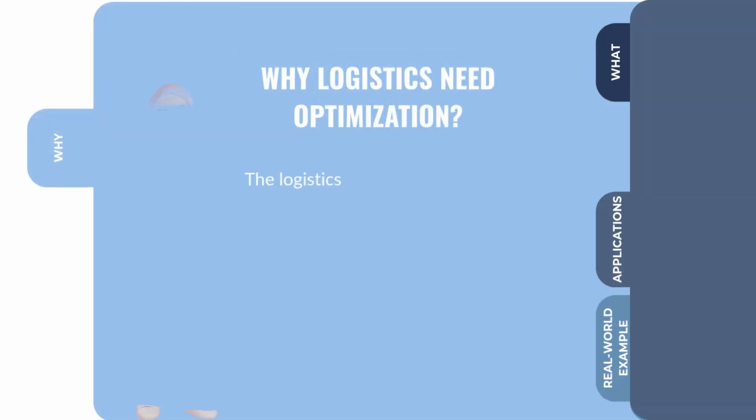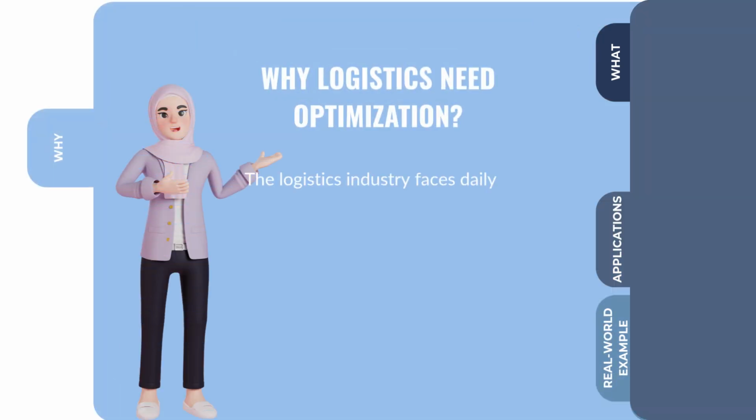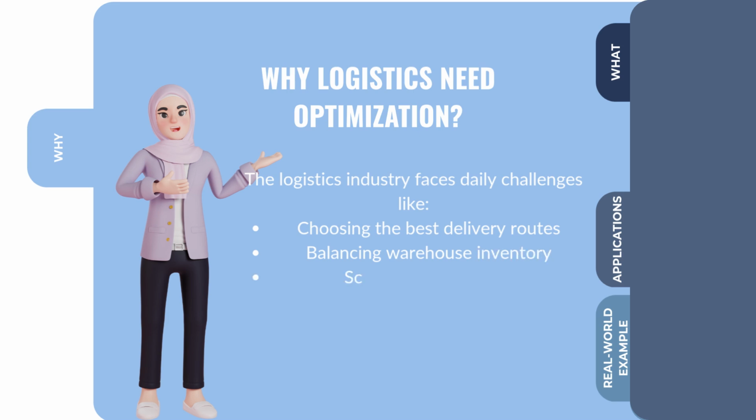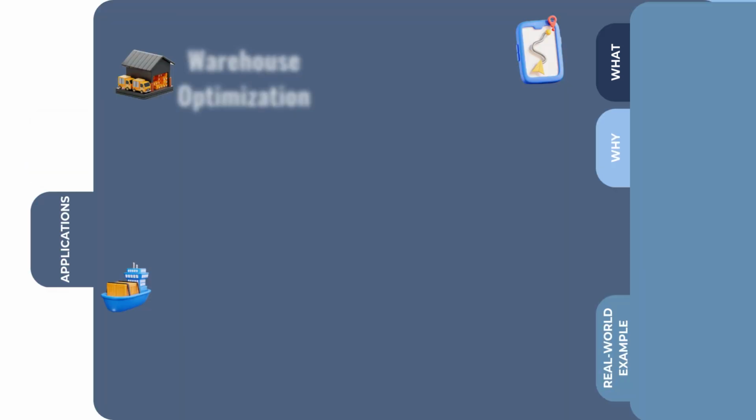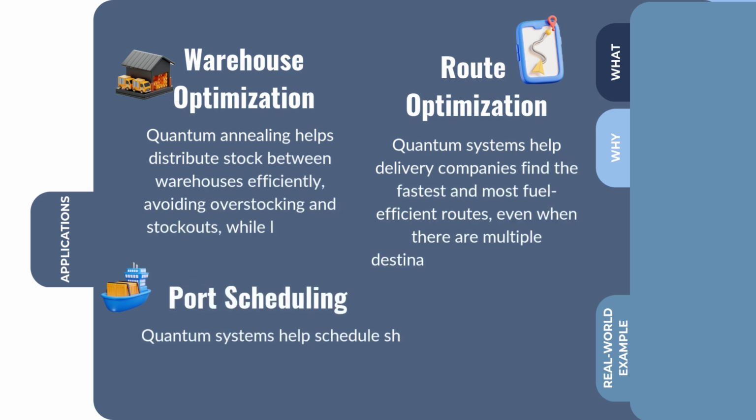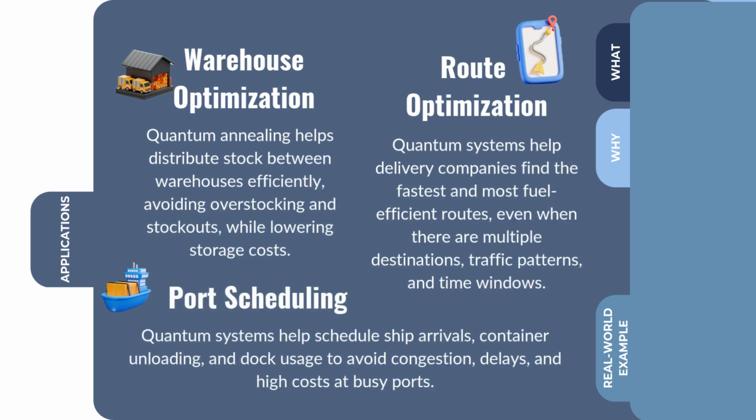Why does logistics need optimization? This is because the logistics industry faces daily challenges like choosing the best delivery routes, balancing warehouse inventory, scheduling staff fairly, and managing ship arrivals at ports. So now let's go for the applications. First, warehouse optimization.